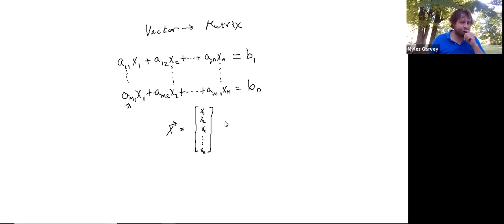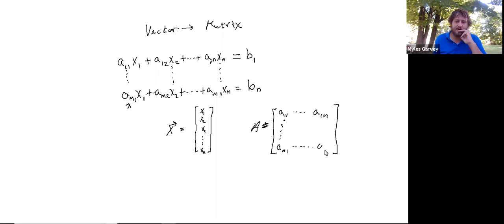Further, suppose I say let the variable A equal the same bracket notation, but what I do is I put in a11 dot dot dot a1n, dot dot dot, am1 dot dot dot amn.